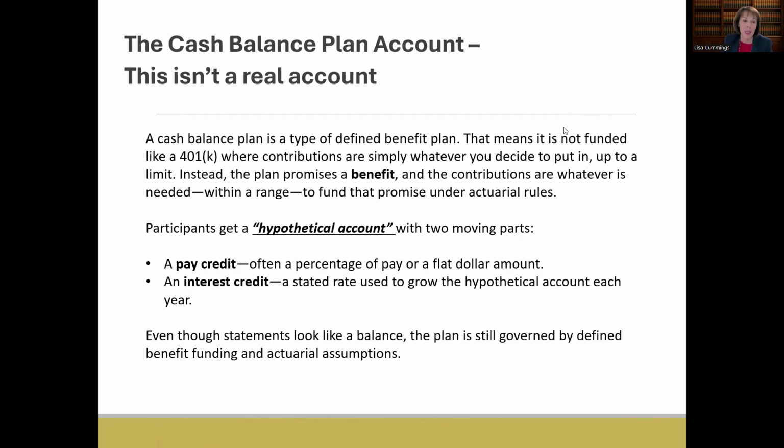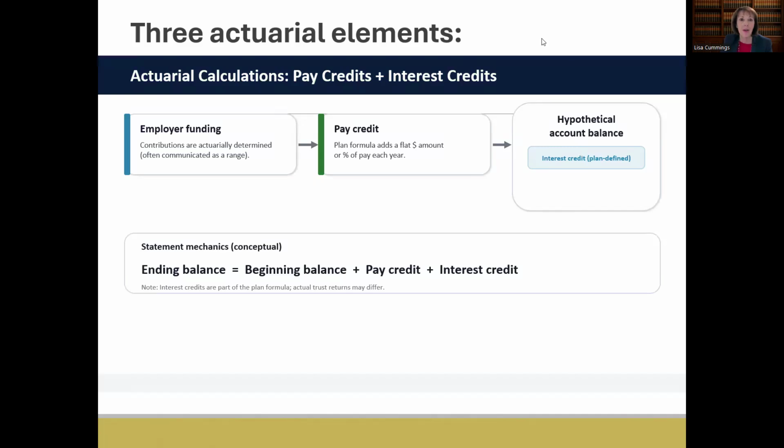the pension plan is still governed by defined benefit funding and actuarial assumptions. There are three separate actuarial elements that we have discussed. First is the employer funding, which is going to be determined by the actuary, and that funding is what will allow the pay credit to be funded.